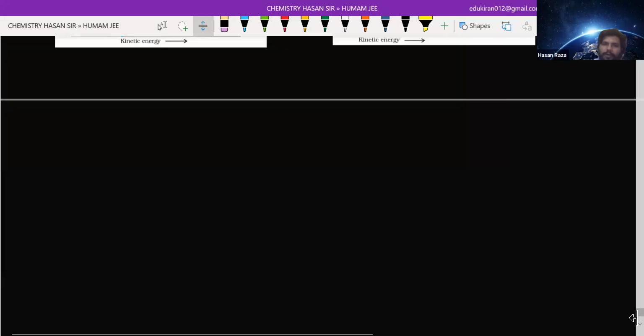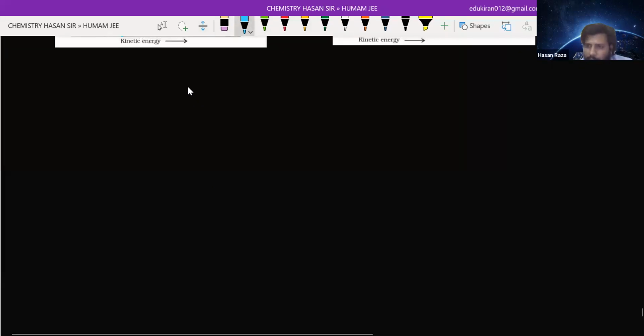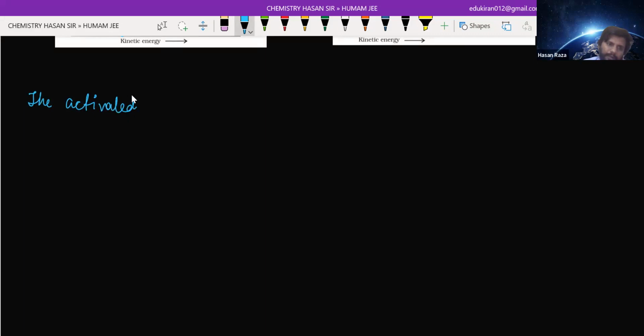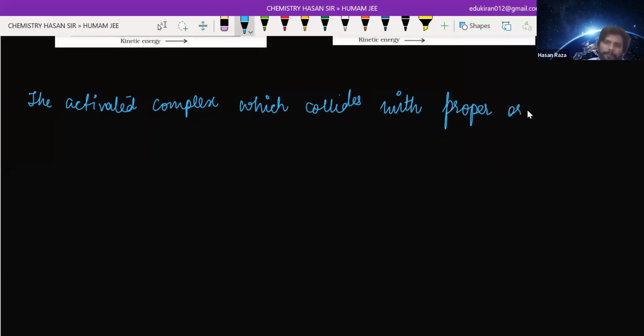Now, for a reaction to occur, there is one more important factor, and that is proper orientation. The activated molecule or complex which collides with proper orientation only gives product.